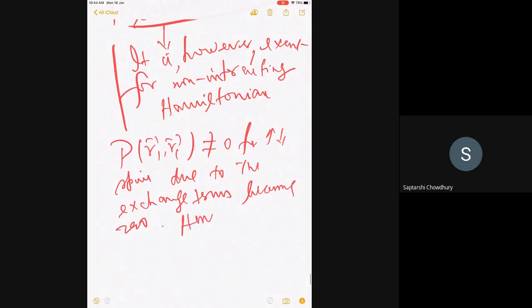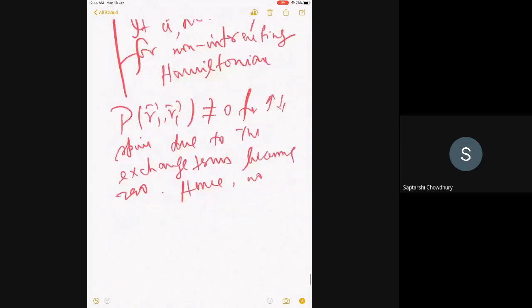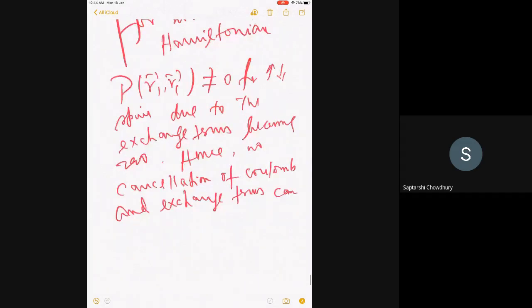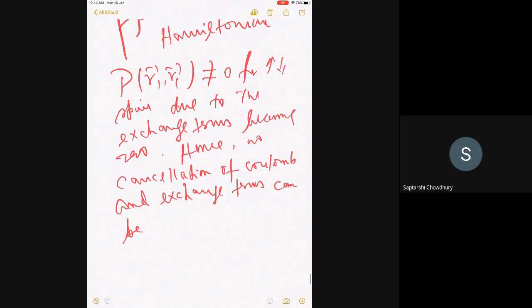Hence, no cancellation of Coulomb and exchange terms can be realized for antiparallel spins.